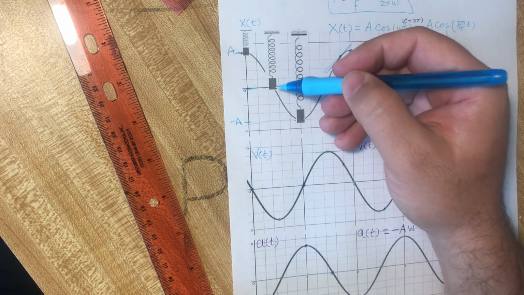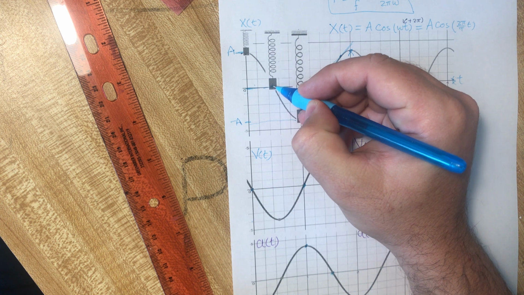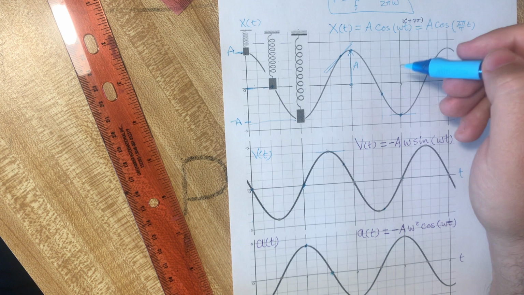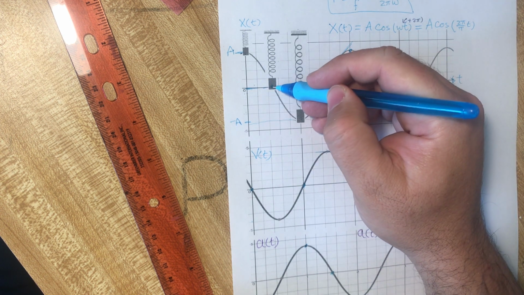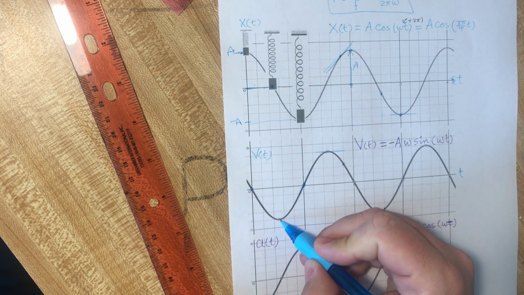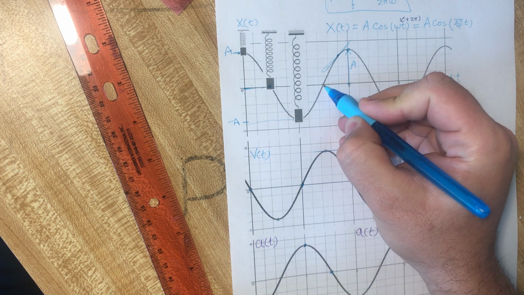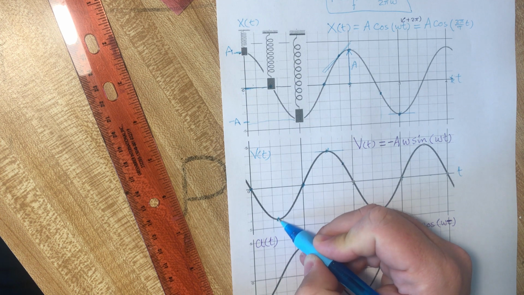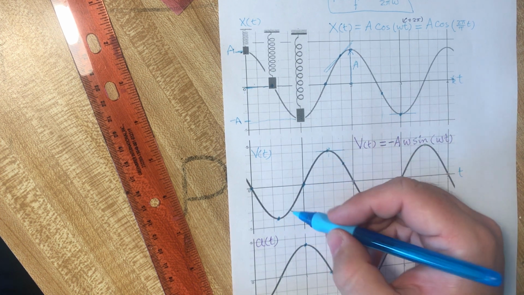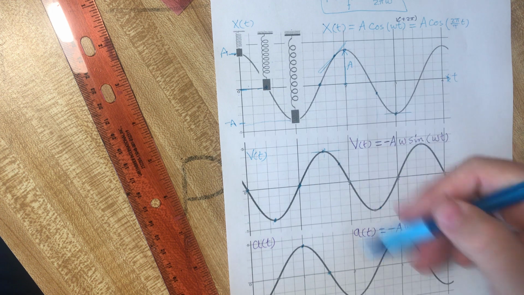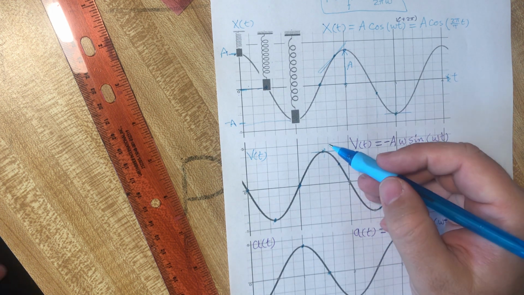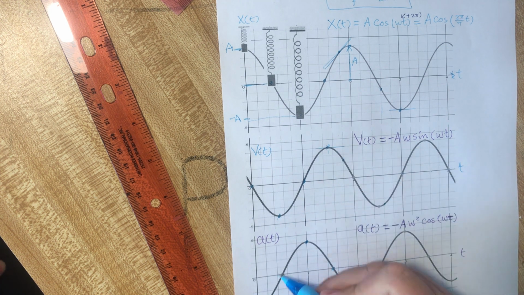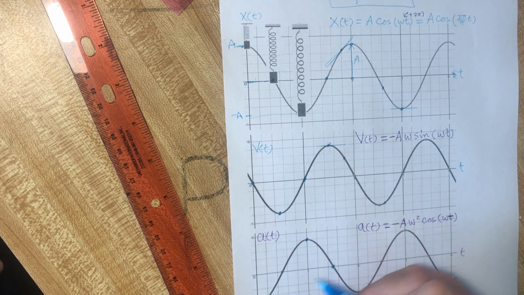When the object is at its relaxation point, which is at x equals 0, it has maximum or minimum velocity. Look at this point, it is at x equals 0. It is at maximum velocity, positive or negative, depending on the direction of motion. At maximum velocity, we have minimum or 0 acceleration.